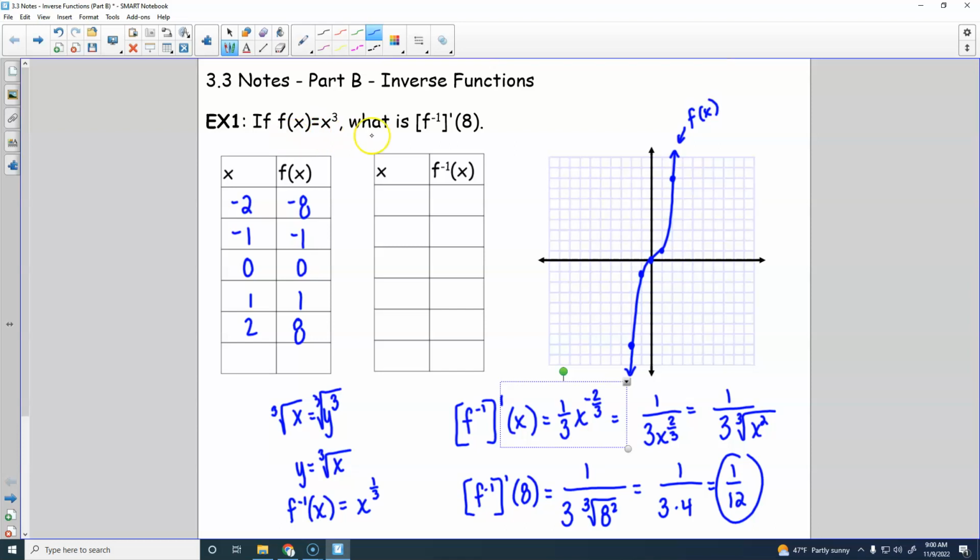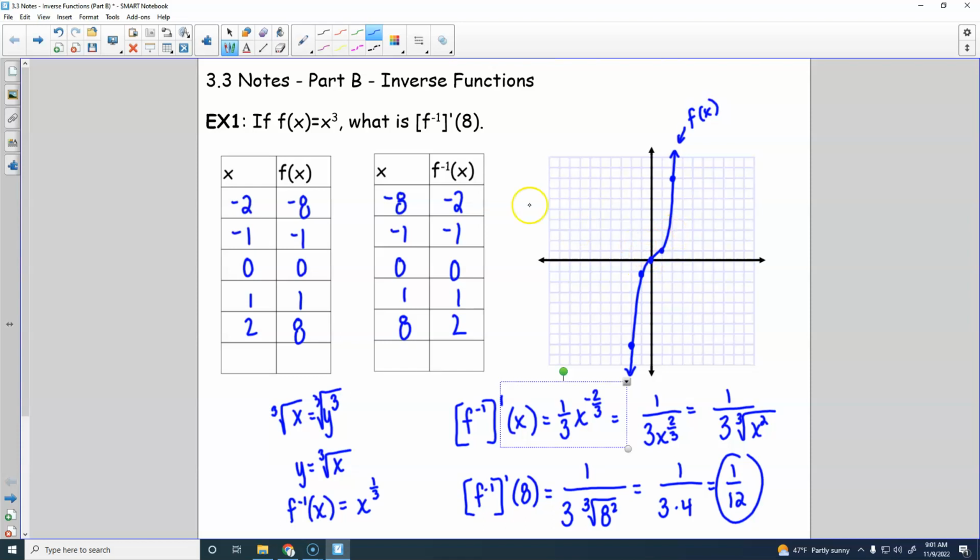And I want us to think about here what the inverse function would look like. So that would just be -8, -1, 0, 1, 8, and then -2, -1, 0, 1, 2. Right, so even if we couldn't find an inverse, we could make a table and switch the points that we have.